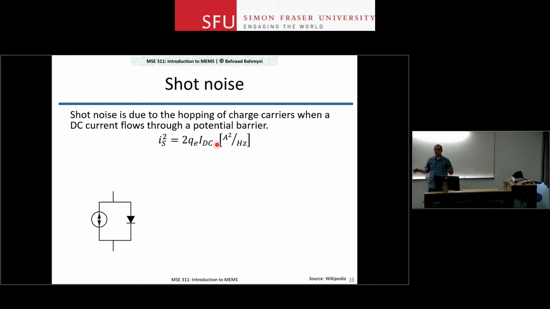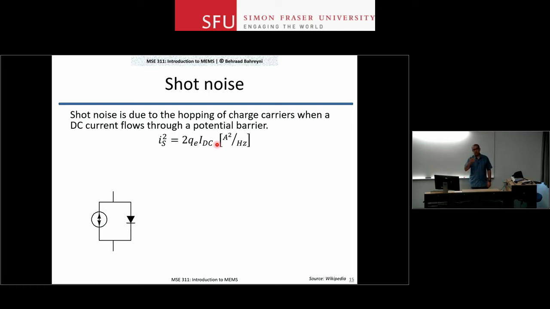Well, inside any diode, you have that barrier. If you go back to what we learned from electronic courses, the depletion region in a diode creates a barrier that slows down the movement of the charges between the two sides of the junction. If one electron or hole wants to jump from one side to the other, it has to overcome this barrier that is created by the depletion region.